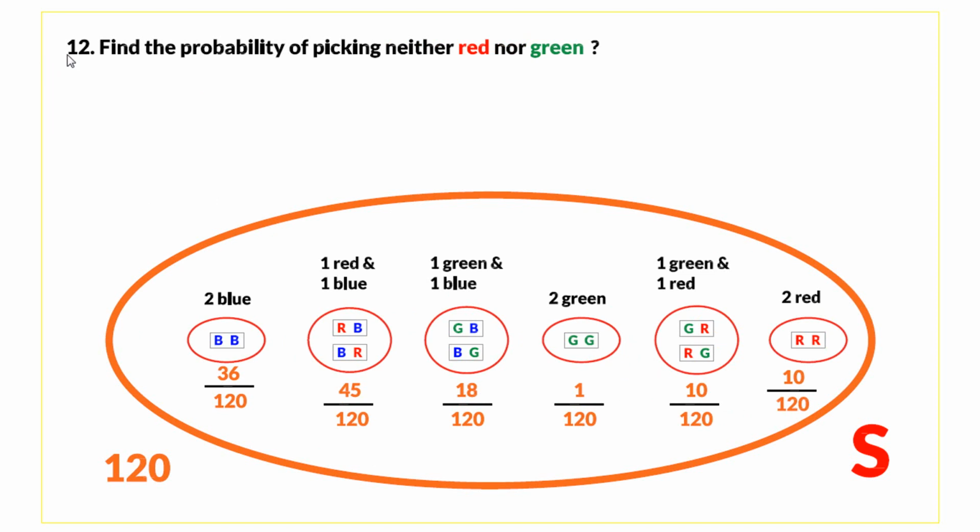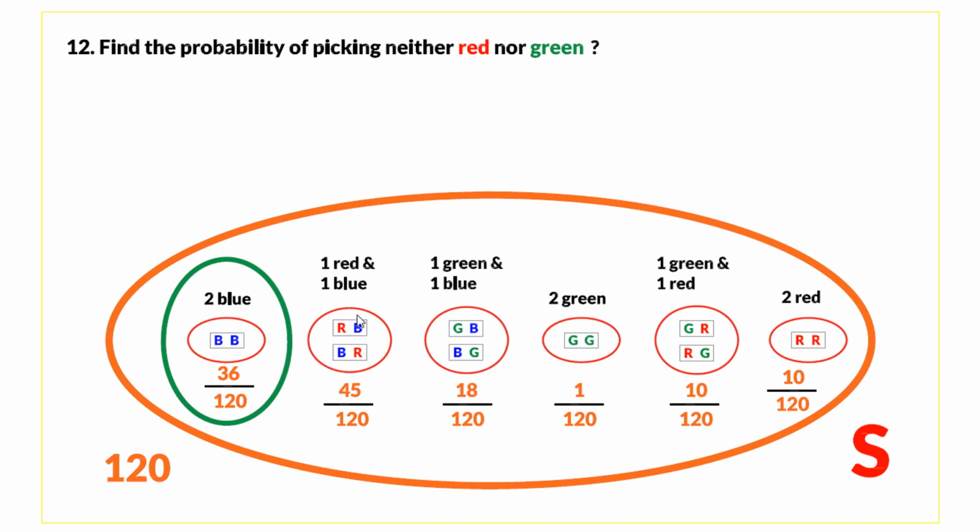Question number 12, find the probability of picking neither red nor green. So we are picking no red and no green at the same time, and that leaves us with one possibility, and that is 2 blue, because here there is red and here there is green, even though in this event we have no green but we have one red.